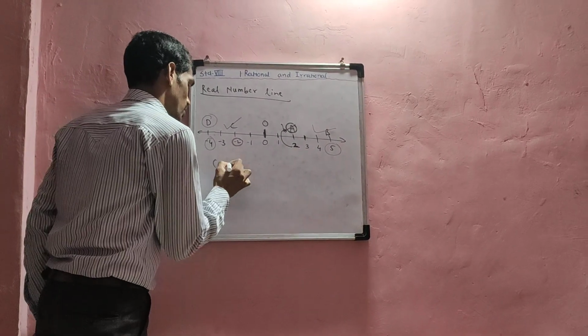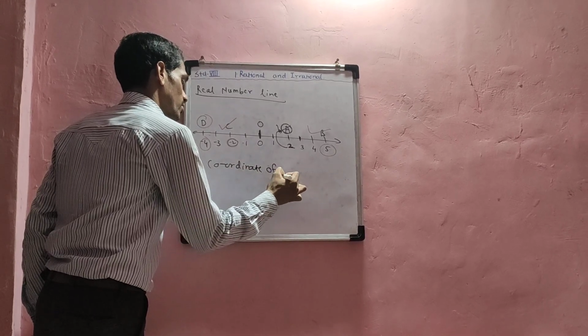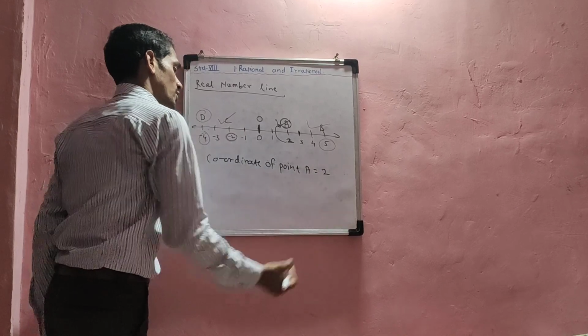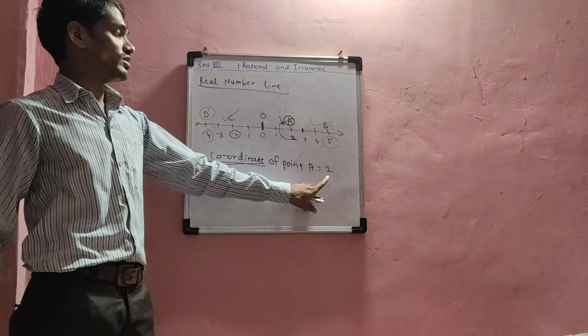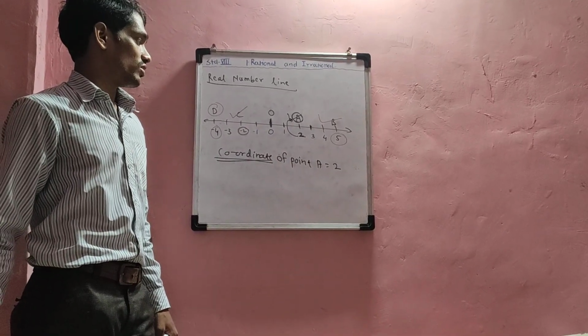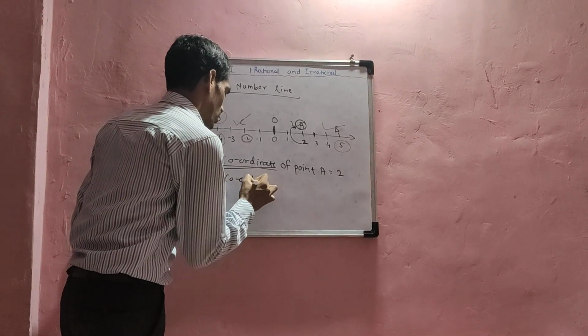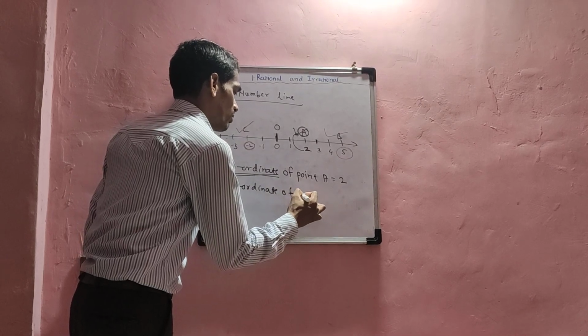Okay. So coordinate means which point represents the number 2, that is called the coordinate of point A. Okay. So what is the coordinate of point B?